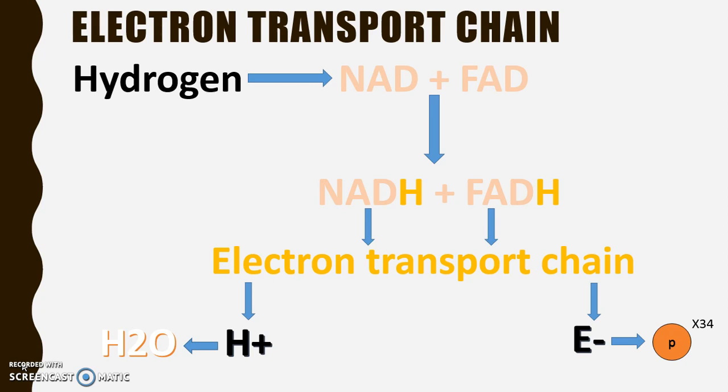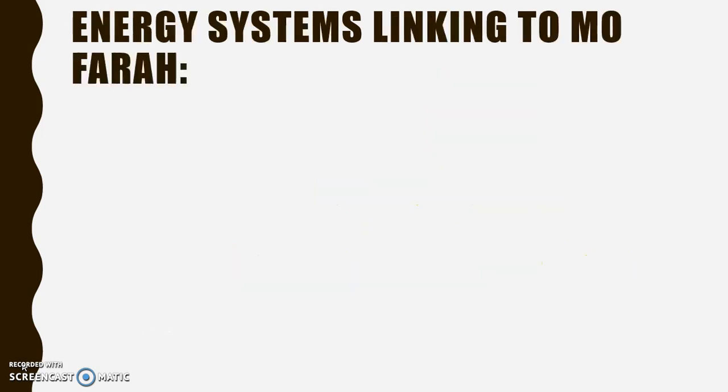This then gets transported to the electron transport chain, where the hydrogen ion, H+, combines to create H2O, which is water, which gets passed out of the body by sweat and cools you down. The hydrogen electrons create 34 moles of phosphate, which allow you to continuously resynthesise ATP if the intensity of the exercise is low.